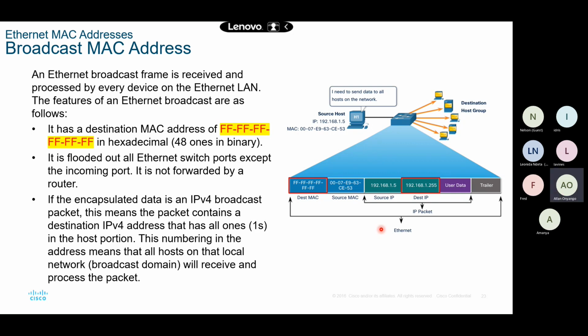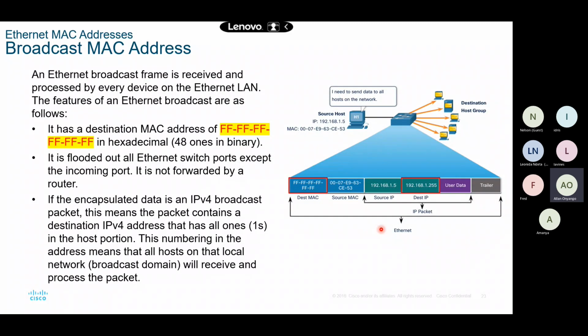How do you identify it? The broadcast MAC address will contain all Fs. Everything will be F, as I have highlighted on this slide. When a MAC address has all Fs, all the bits are ones. So that is a broadcast MAC address.